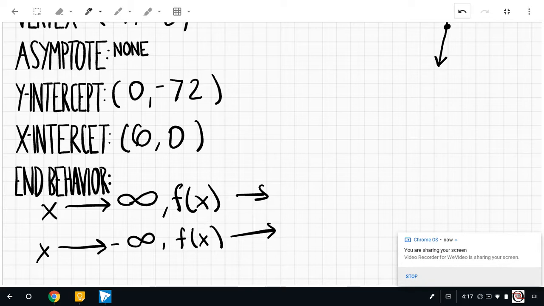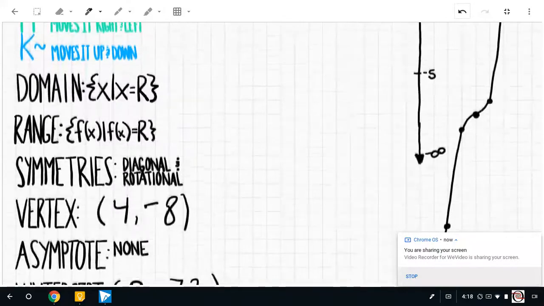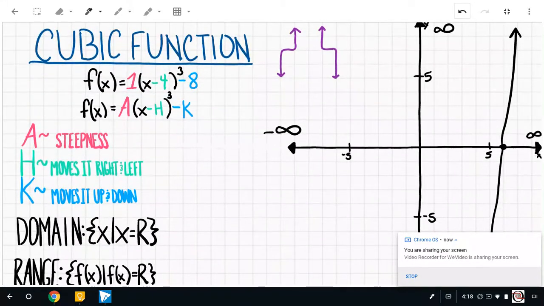Okay, you guys have to be ready. This is going to blow your mind. You might be confused like I was for a couple days, but it's okay, you'll get it. So you have to think, as x is going to the right, what is y doing?